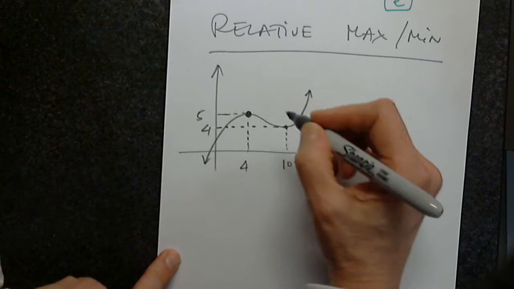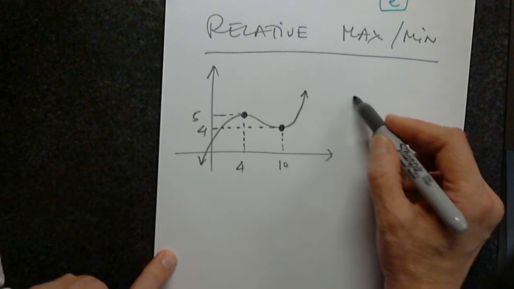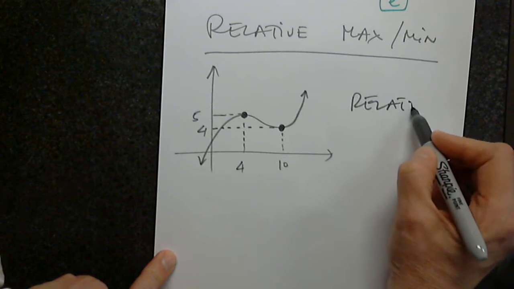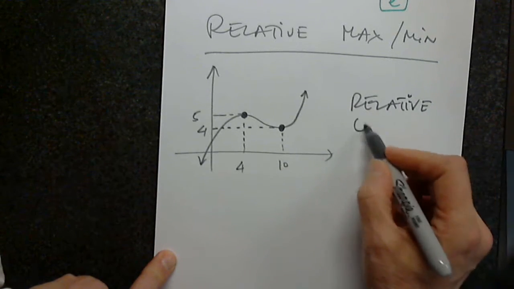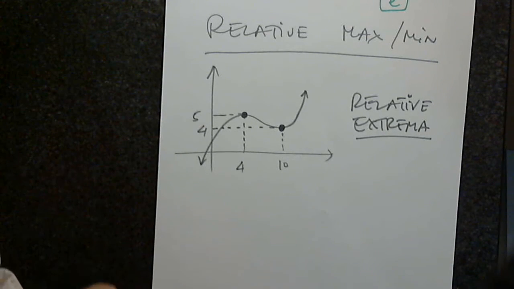This point and this point are also called relative extrema. Plural from extremum. What does that mean? At these points, the function exists, and I can show a little interval around them.